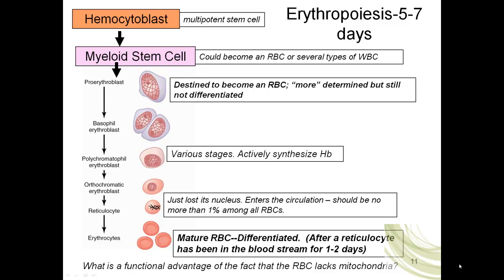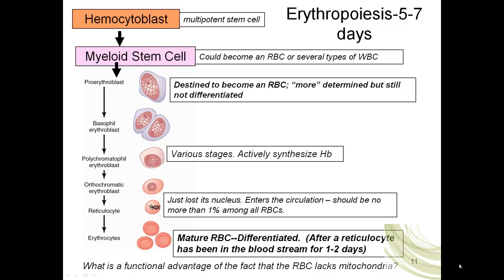So if red blood cells had mitochondria, mitochondria utilize oxygen. And if a red blood cell had mitochondria utilizing oxygen, then some of the oxygen the red blood cell would be carrying would be consumed, and therefore less oxygen would be available to the tissues of the body.